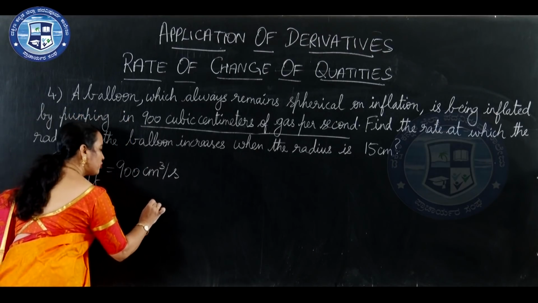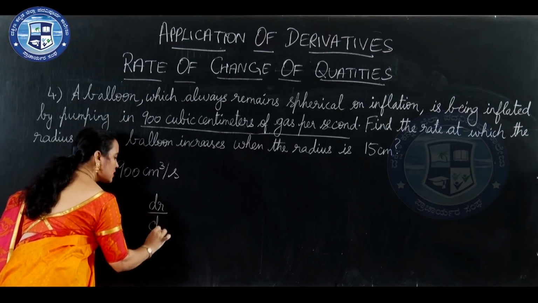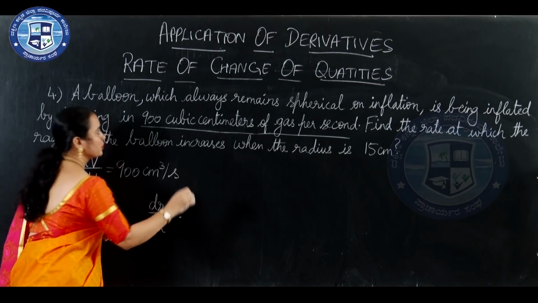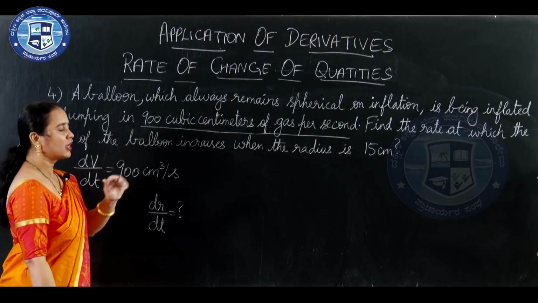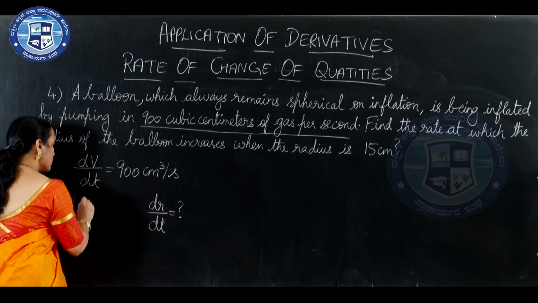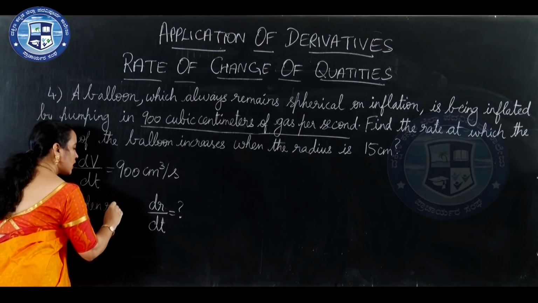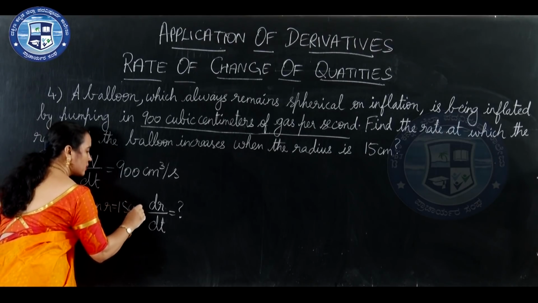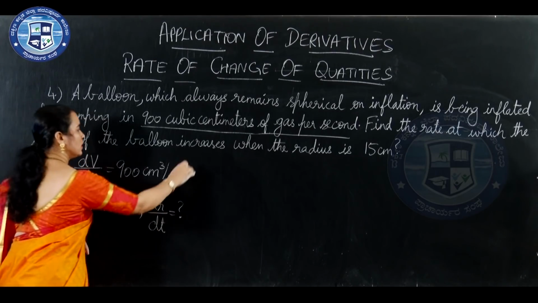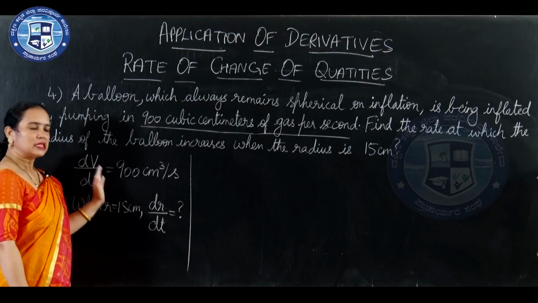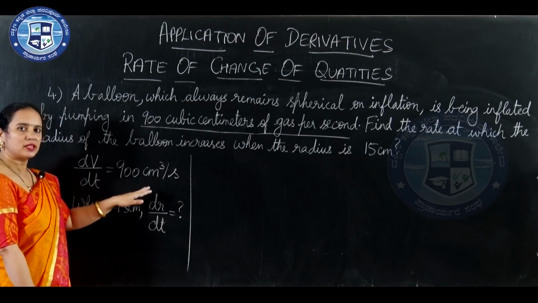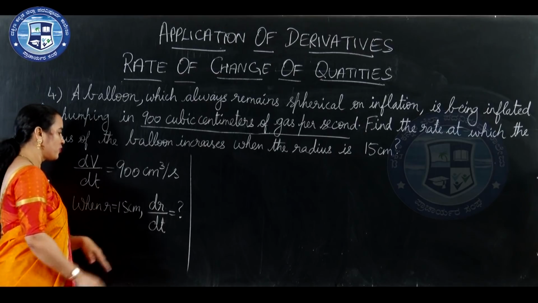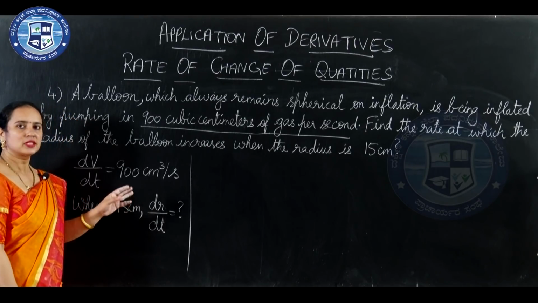So, you have to find change in radius with respect to time when the radius is 15 centimeter. So, they have given r is equal to 15 centimeter. So, this is what is given, dV by dt is 900, when r is 15 centimeter, what is dr by dt.